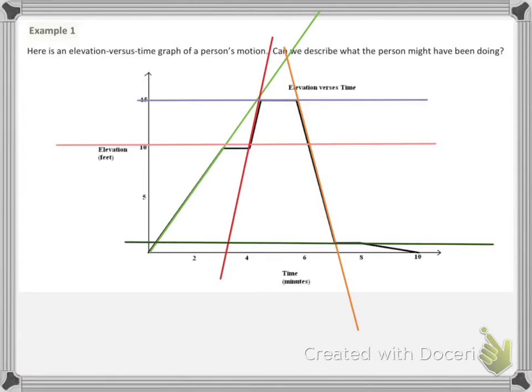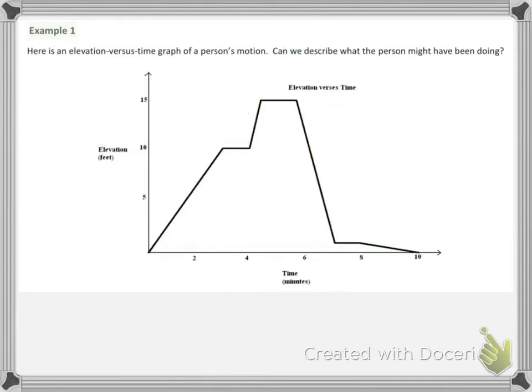There's another one, and then the last one would be something like that. So all those different lines have their own different equations, but we're just worried about the bits and pieces of those lines. When we put them together, that is a piecewise function graph.